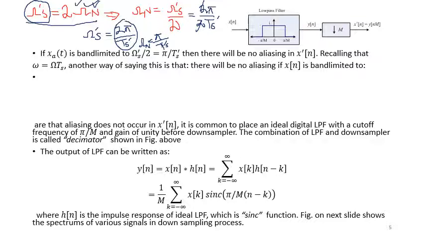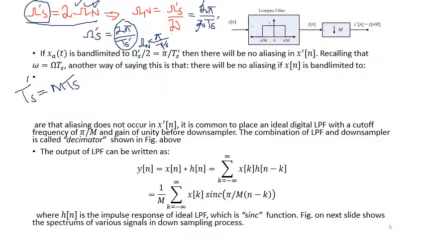Okay, now the relationship between Ts and Ts prime is that, because we are downsampling, Ts prime is basically M times Ts, right?